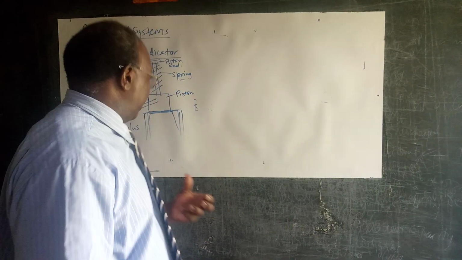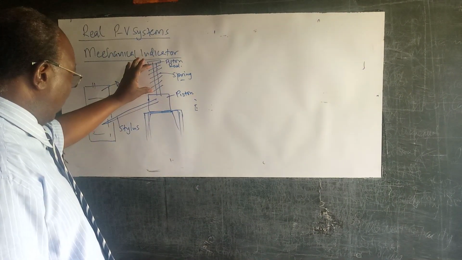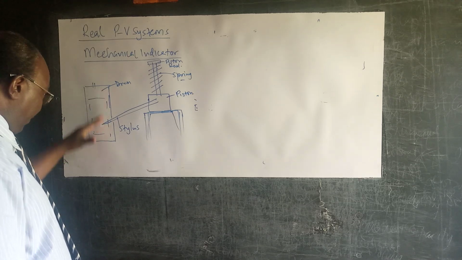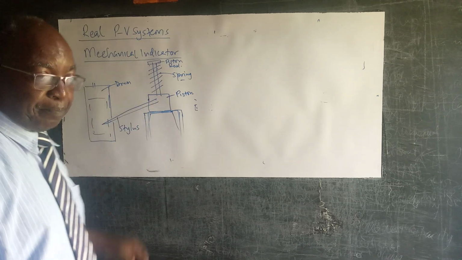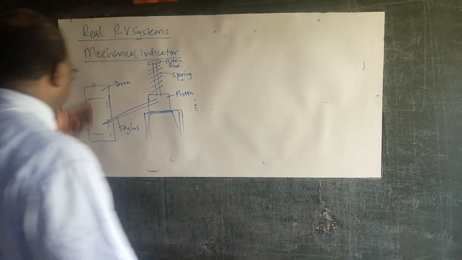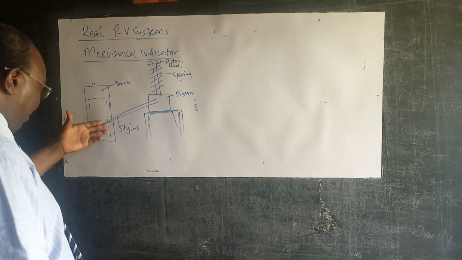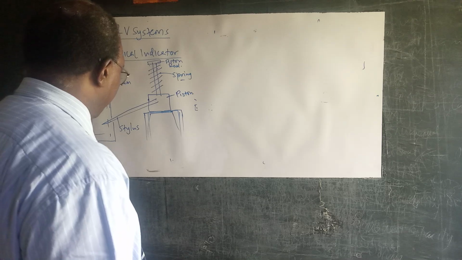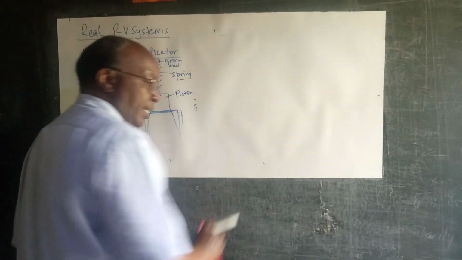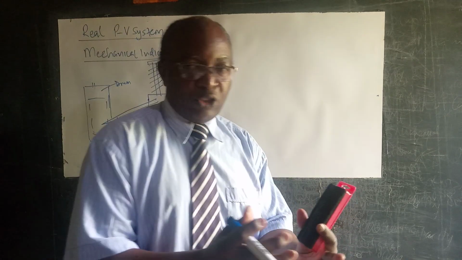Point number 2, it is attached to a spring so that the movement of this stylus is proportional to the pressure. And we have this drum which is rotating, and the stylus making markings on the chart paper.